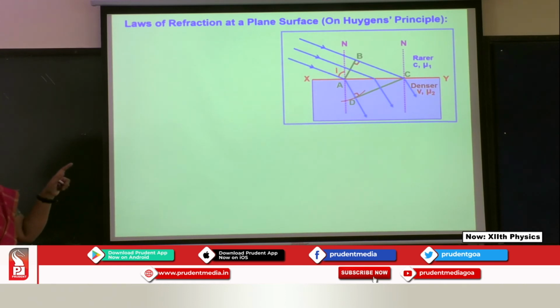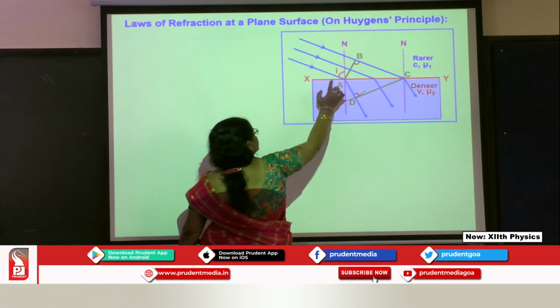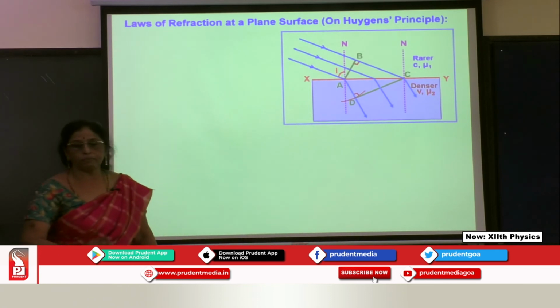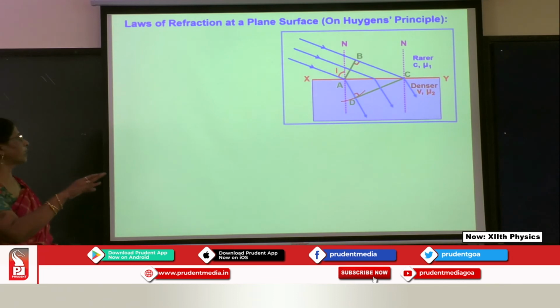I drew a normal at the point of incidence, perpendicular to the surface. This is the angle of incidence. When you consider the angle between the normal and the incident wavefront, it becomes the angle of incidence.